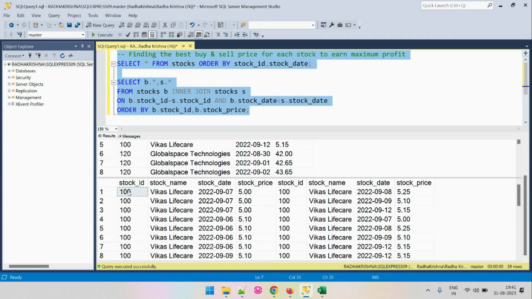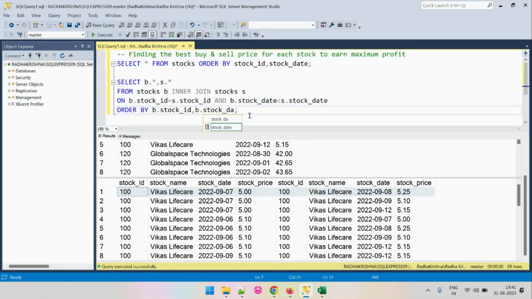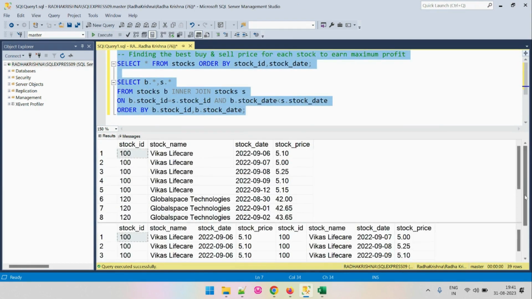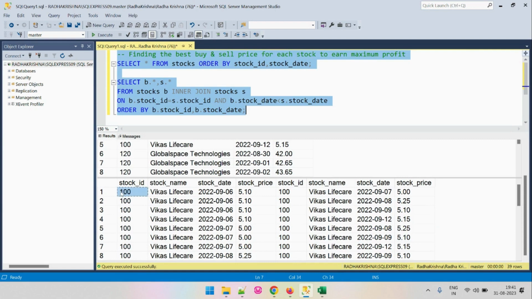So as we can see, it is the date on which we have to do the ordering, not the stock price, sorry. Let's just execute it. So for every buy entry we have the corresponding sell entries, as that is the joining condition that we have specified.